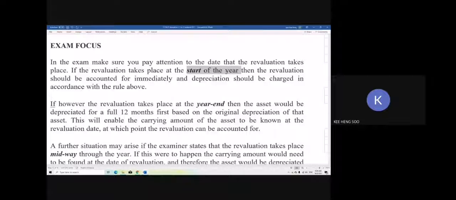How about if revaluation is at the end of the year? Tutorial 3, question 5: end of the year, your depreciation is based on the original cost. So you have question 5 and question 6 in the tutorial.